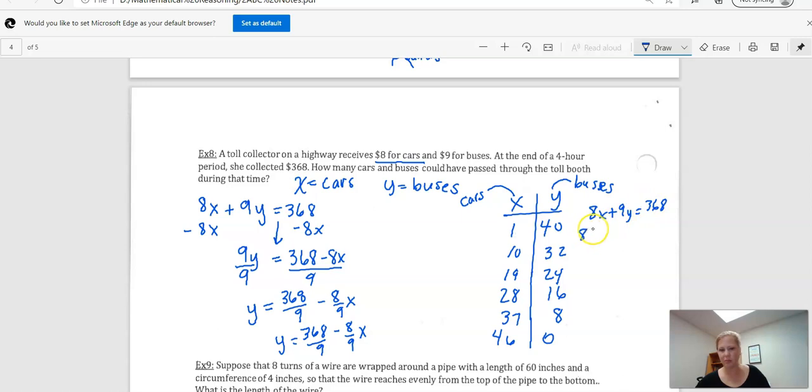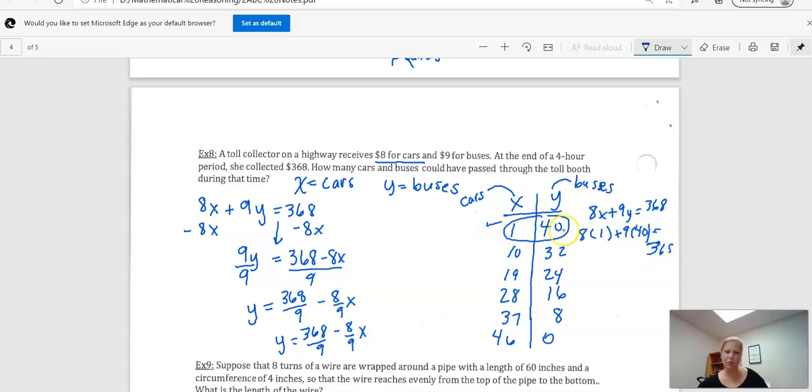So I just want to see if I plug in a 1 and 40 for the Y, and if I type that in my calculator, 8 times 1 plus 9 times 40 is giving me 368. So there's one combination.